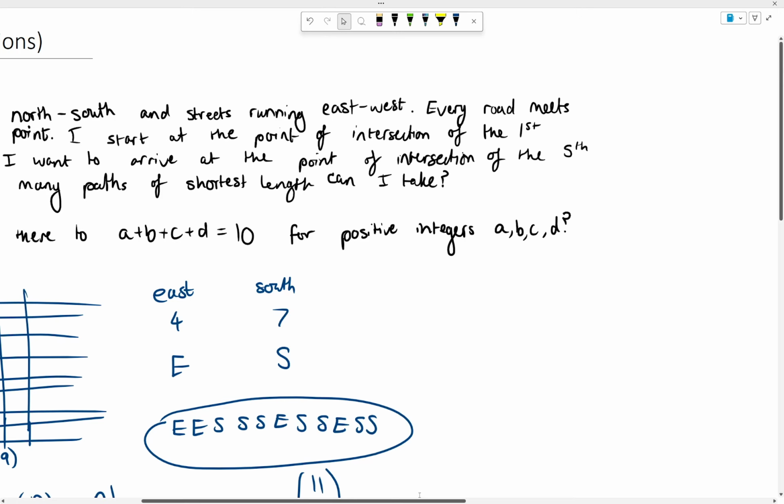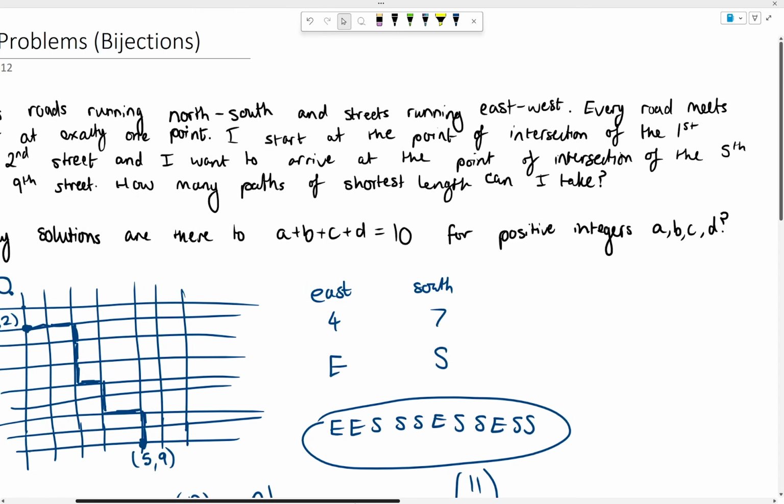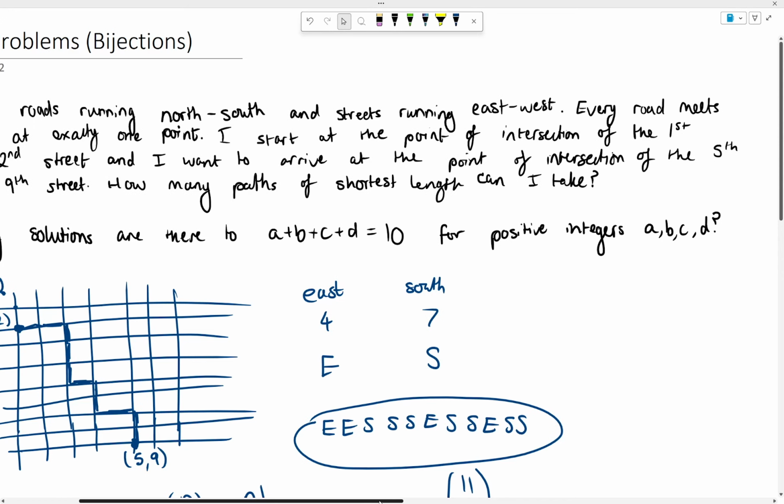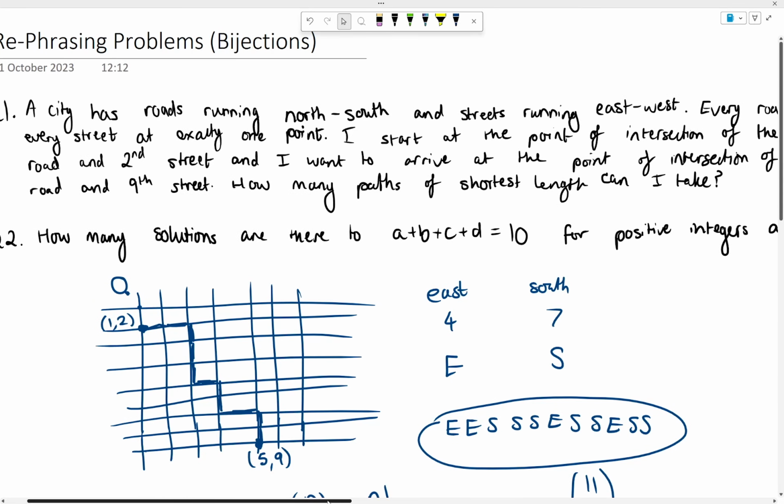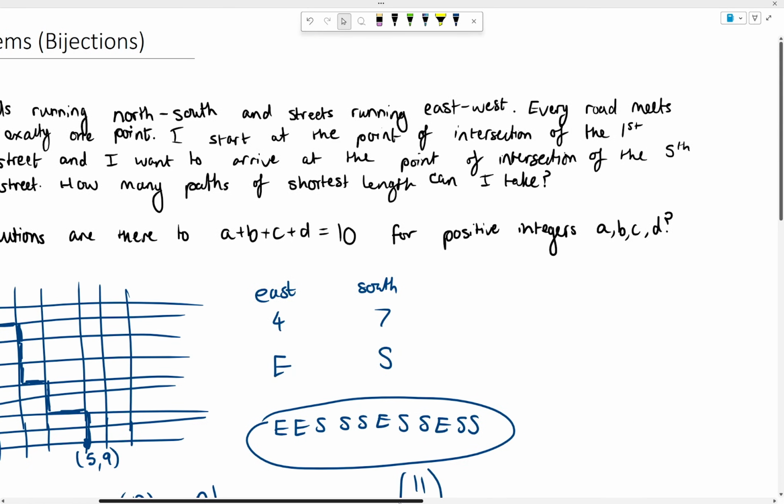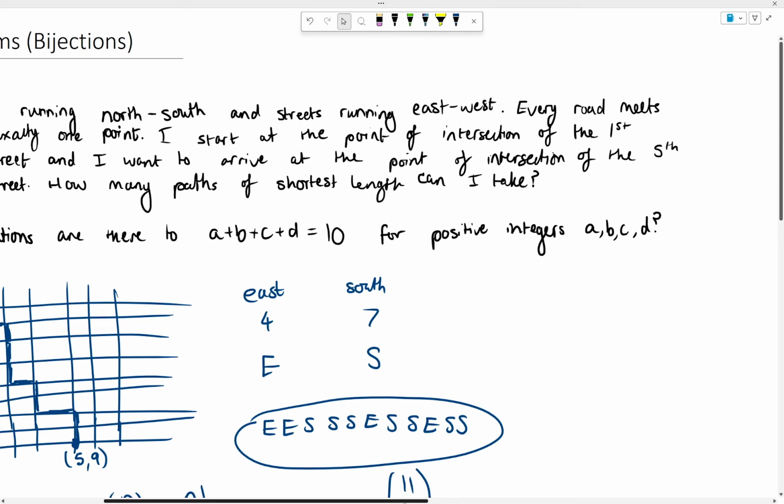But here, because we've given the variables names, A, B, C, and D, the order that they appear does matter. So it's actually more like a composition, which is an ordered partition. So the question is asking how many compositions are there of 10 which contain 4 numbers.